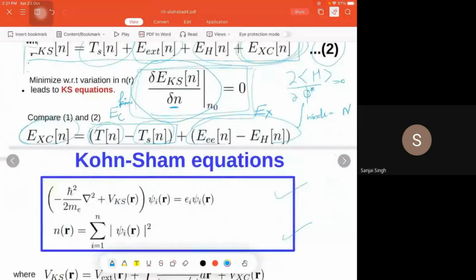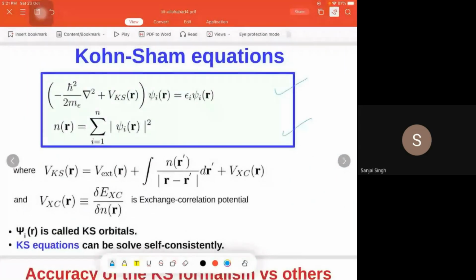Okay, so now once we minimize the energy functional, we arrive at these equations where this potential is called the Kohn-Sham potential. Now it has 3 things in it. If you see here, this is V external, this one is the Hartree potential, this one is the exchange correlation potential. Now the exchange correlation potential, you can calculate from the functional derivative. Remember, I'm saying functional derivative.